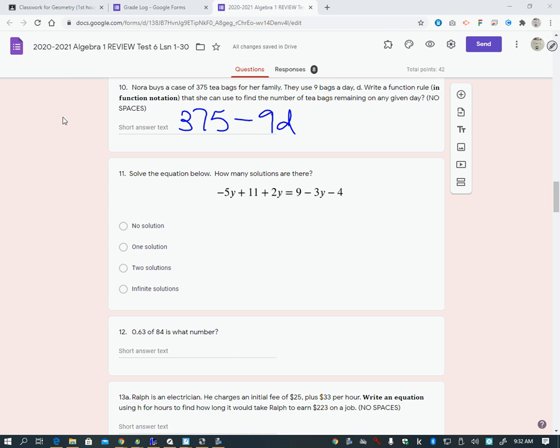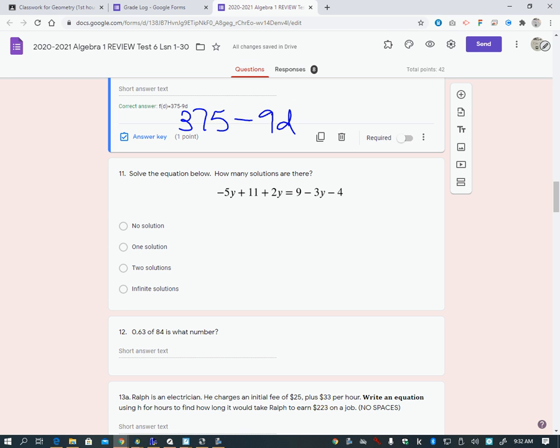Let's check. Make sure we got that right. Okay. Now, because we are writing a function here, I would make this note, right? We want it in function notation, and they were clear on that. So just so we're clear on it, we need f parentheses d, close parentheses, equals 375 minus 9d. This by itself is not enough because it said it wanted it in function notation.